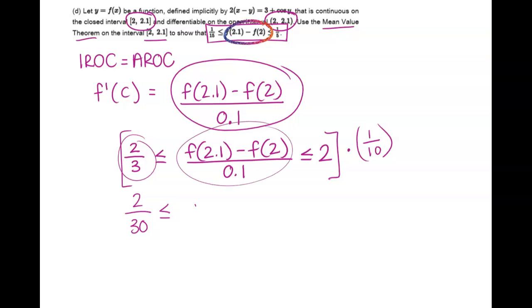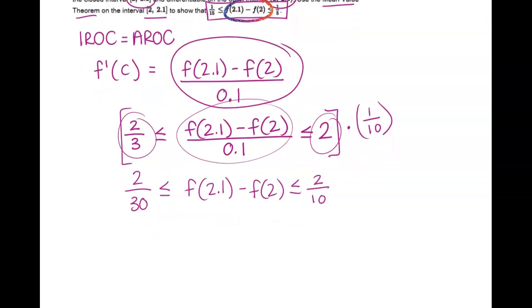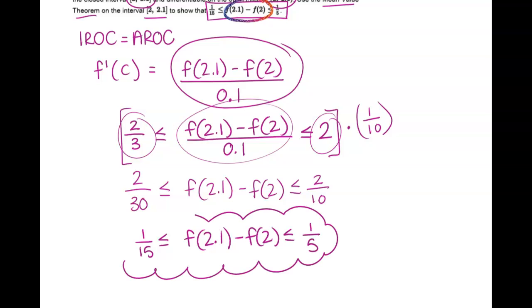The middle, the 0.1 just goes away, so we have f of 2.1 minus f of 2 is less than or equal to 2 times 1/10, which is 2/10. Almost there. Let's simplify. 2 over 30 simplifies to 1 over 15. It's less than or equal to f of 2.1 minus f of 2 is less than or equal to 2/10, which simplifies to 1/5. And thank goodness, that's exactly what we wanted to show, so we are done.